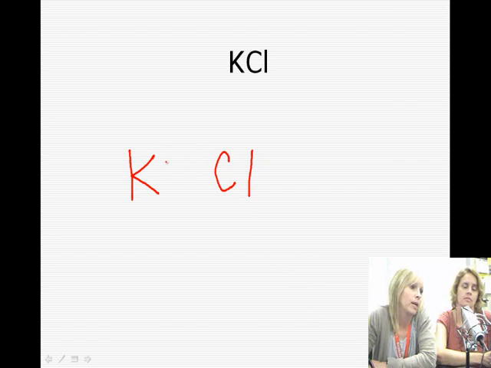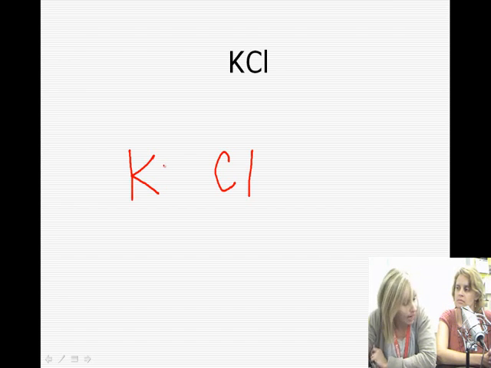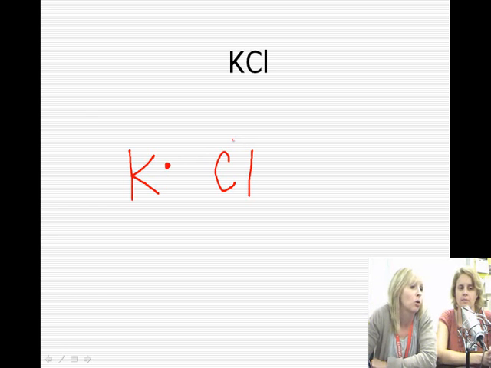Right. So now we need to draw in the valence electrons. We need to do our electron dot diagram. If you remember, potassium is in group 1, so there is only one valence electron. Chlorine has 7 valence electrons around it.